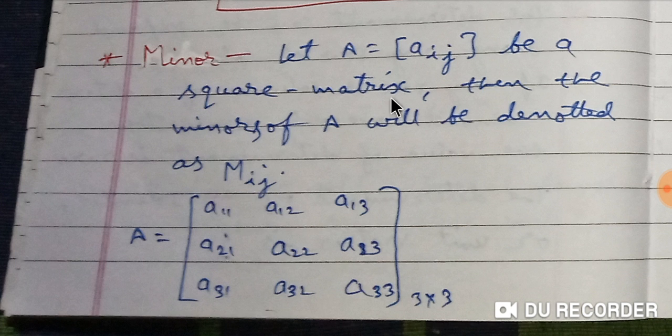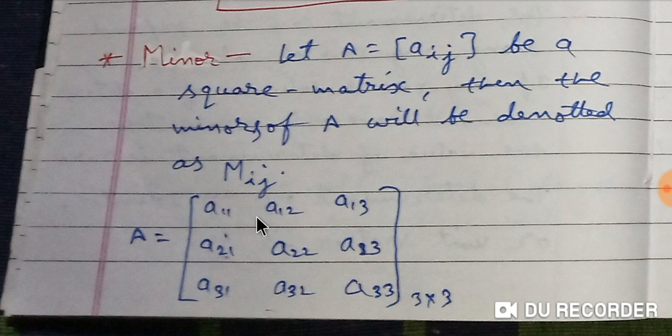So we eliminate the first row and the first column. After eliminating them, we are left with just 4 elements, and the square matrix combining these 4 elements is the minor of this element.